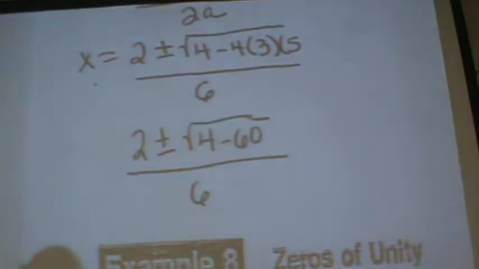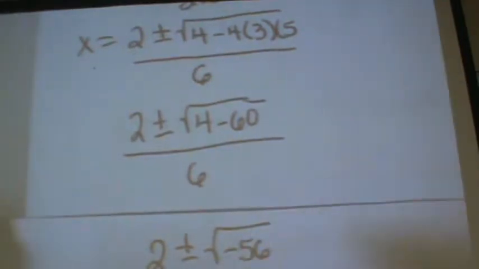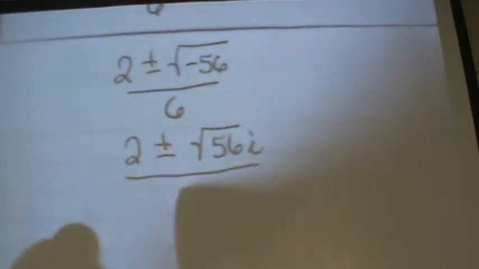And we're going to keep going. 4 minus 60 is negative 56. And I'm writing every step out. Root 56i.